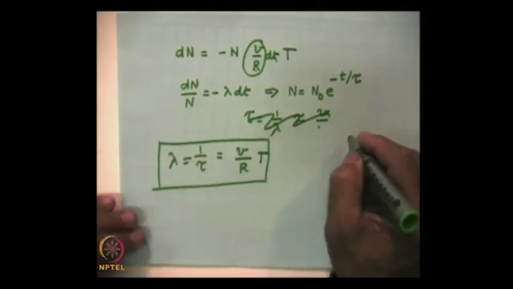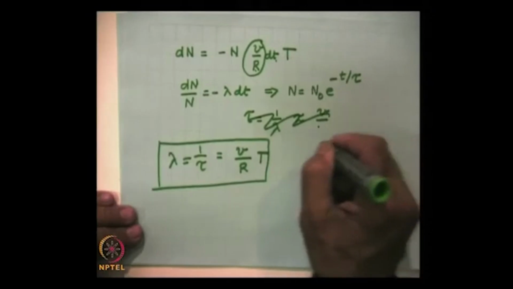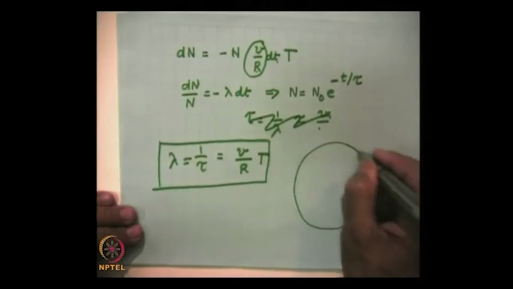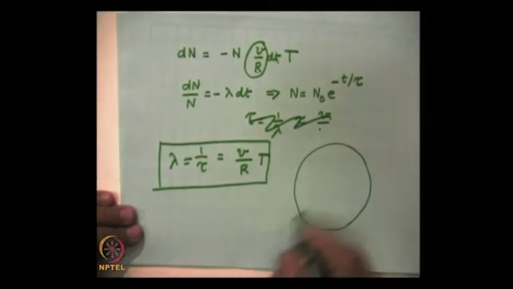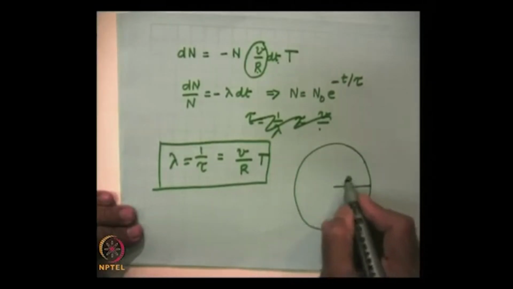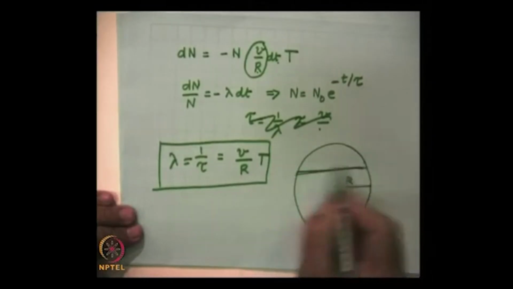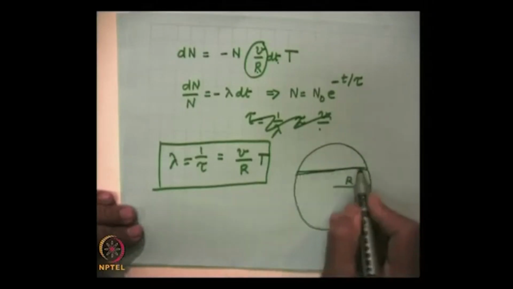So, once again, let us suppose I exaggerate the nucleus like this. This is the nucleus whose radius is r. The alpha particle is assumed to be free, moving in a straight line in a semi classical model.